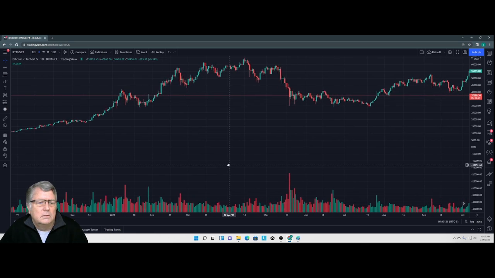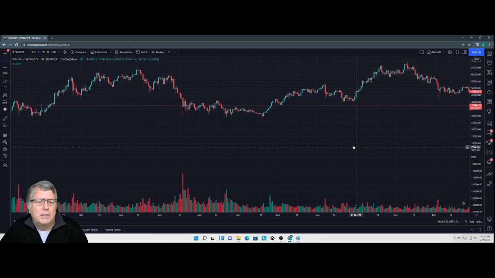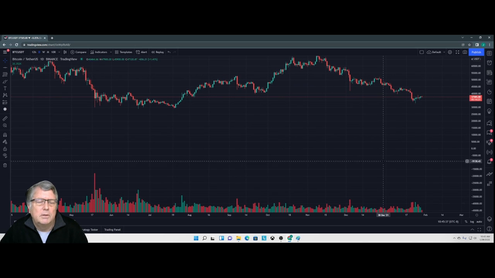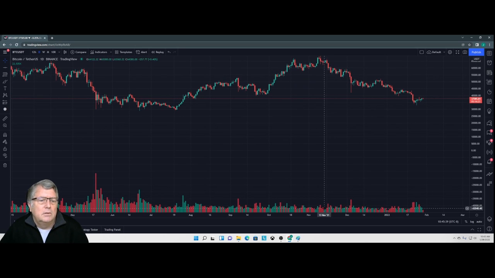So the last thing I want to mention about volume is that sometimes you can tell with volume which direction the market is going. If you look at, for example, this time period here, right here we had pretty higher red volume than the green volume. Higher red, lower green, higher red, lower green.